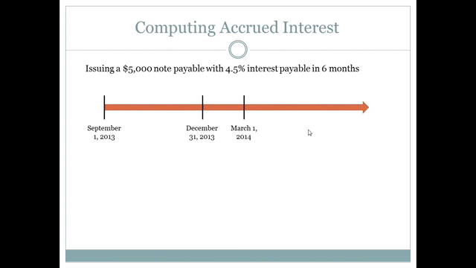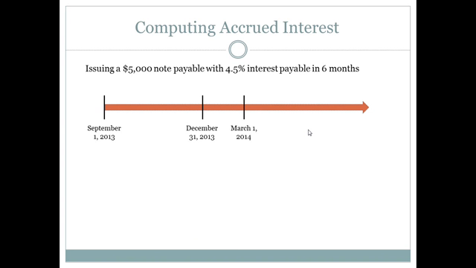That would be 6 months. So either February 28th or March 1st is when the note will be paid. Unfortunately, there is an intervening balance sheet date, and so that is going to also cause some challenges with respect to the computations and the measurement of the note.